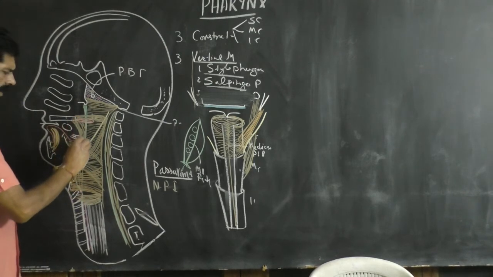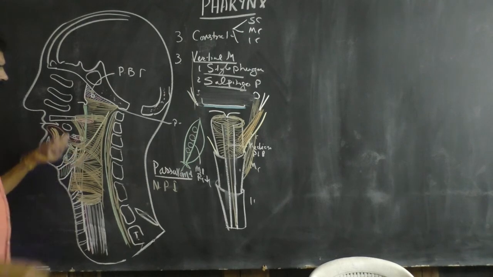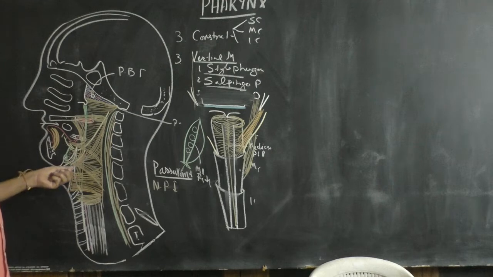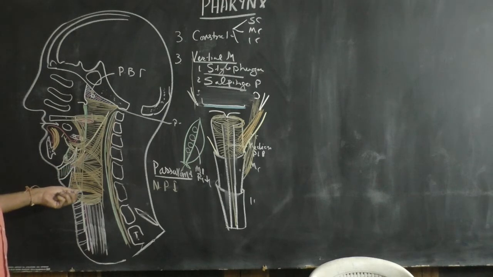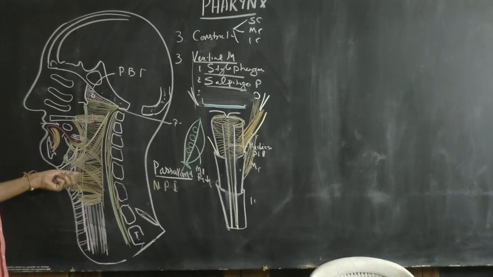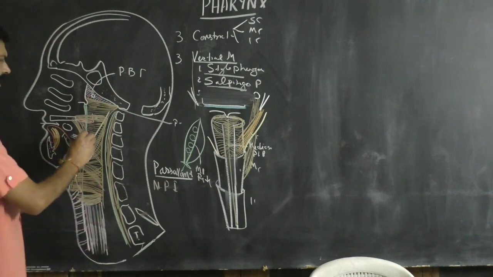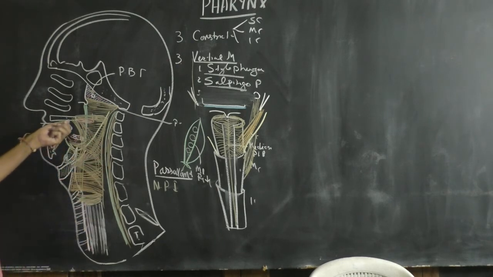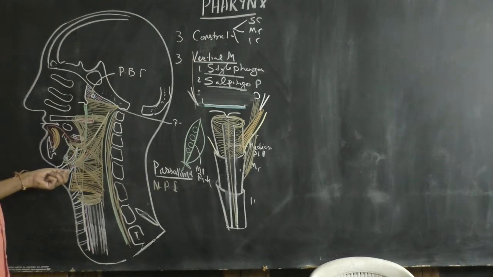So these palatopharyngeal fibers go downward and forward to be inserted on the posterior border of the thyroid lamina. So this is also part of the palatopharyngeal muscle. The uppermost and middle fibers merge with the constrictor muscles of the pharynx. So this is the palatopharyngeal muscle.